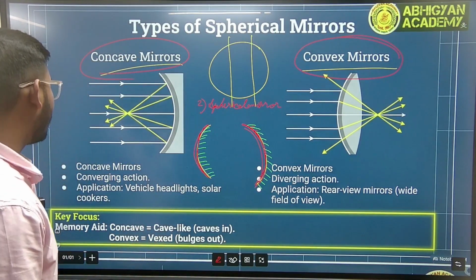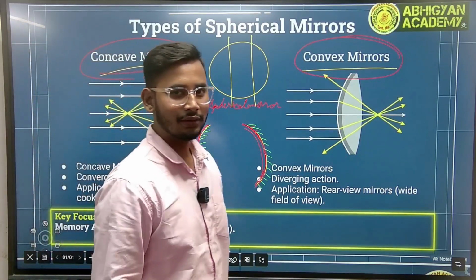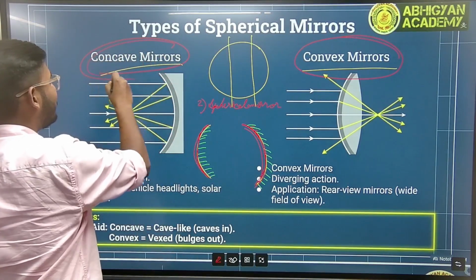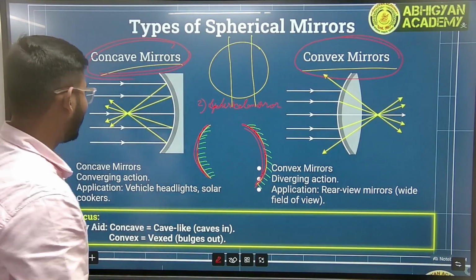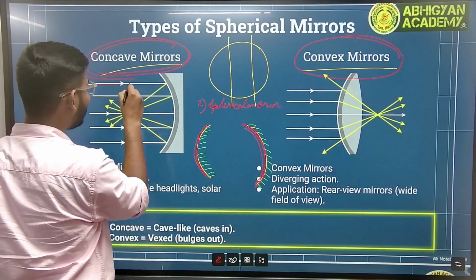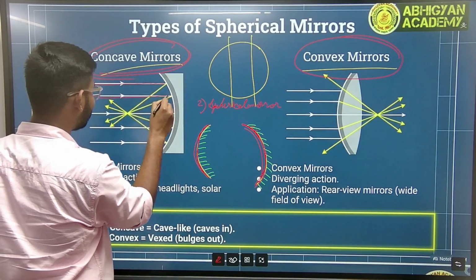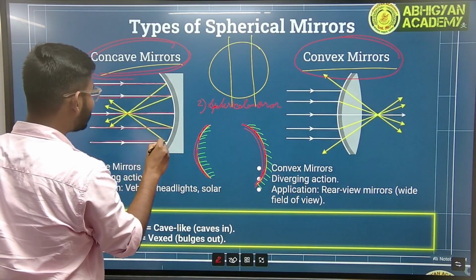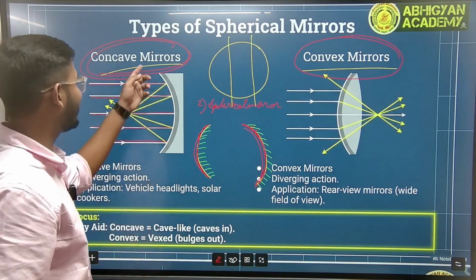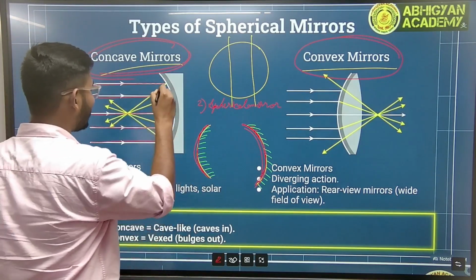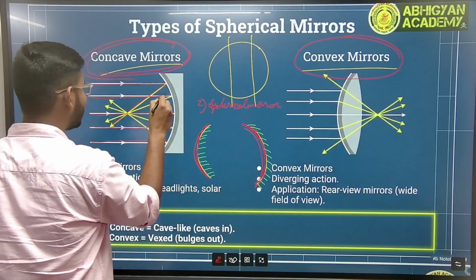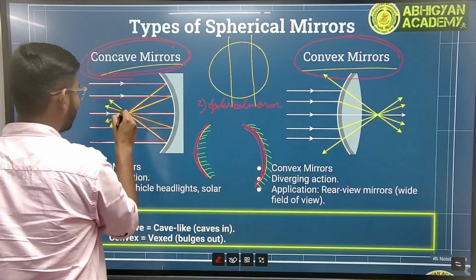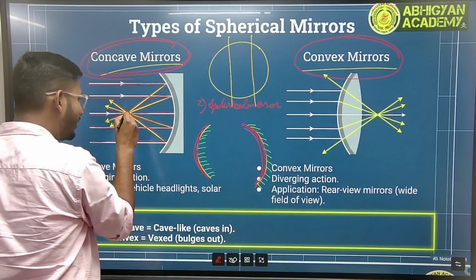Before going to the applications, let's talk about another thing. For a concave mirror, after reflection the rays converge at a point.